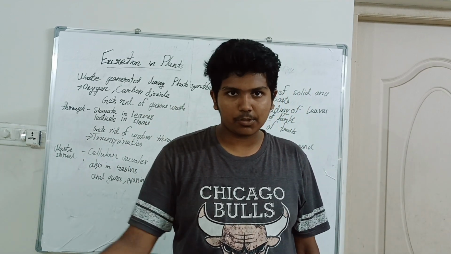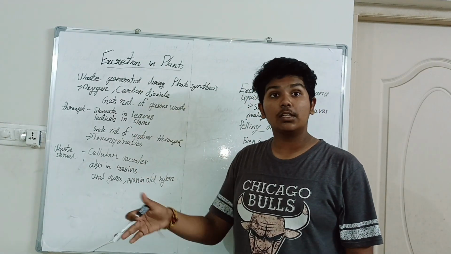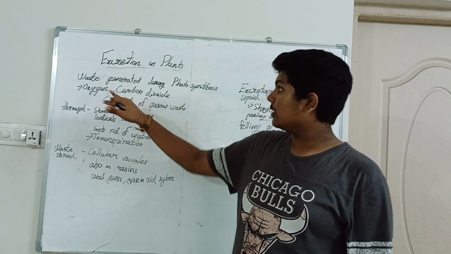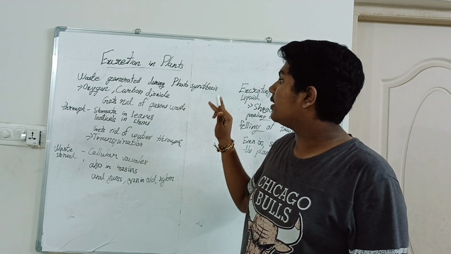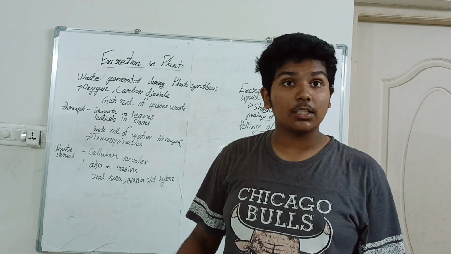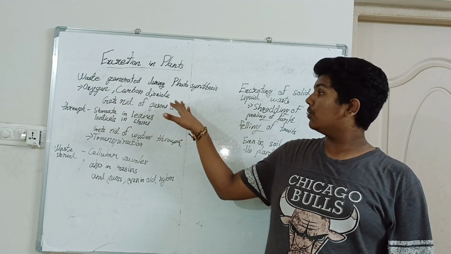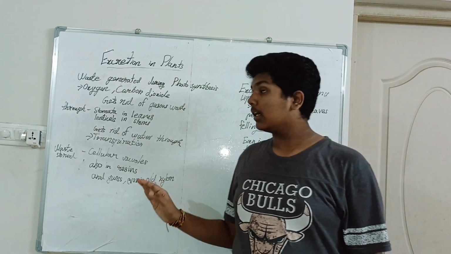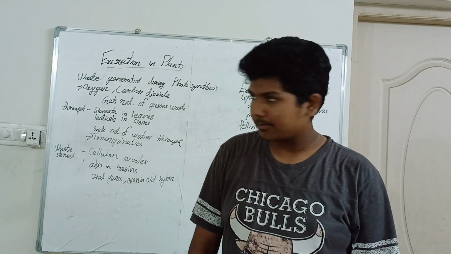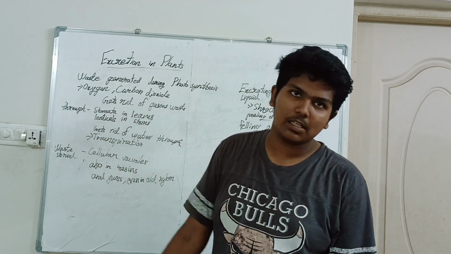You guys know what photosynthesis is, right? So what is the waste generated? It is oxygen and carbon dioxide. So oxygen and carbon dioxide are generated or excreted during photosynthesis, that is during the daytime. Then how does it get rid of gaseous waste?